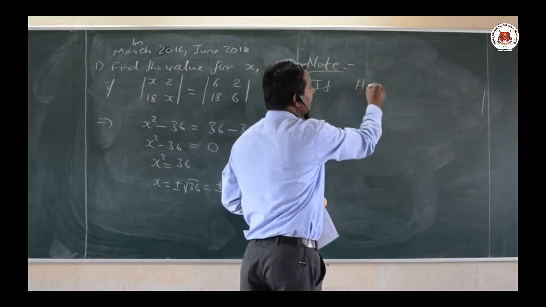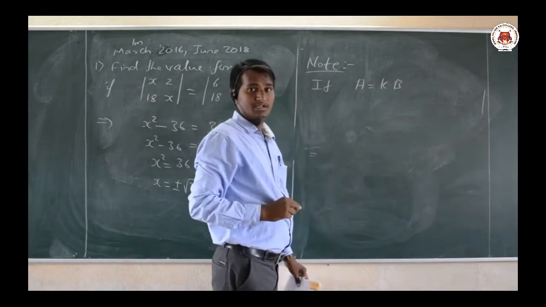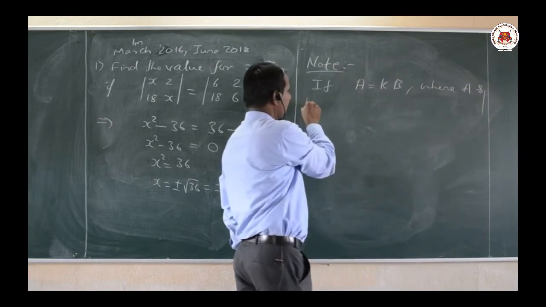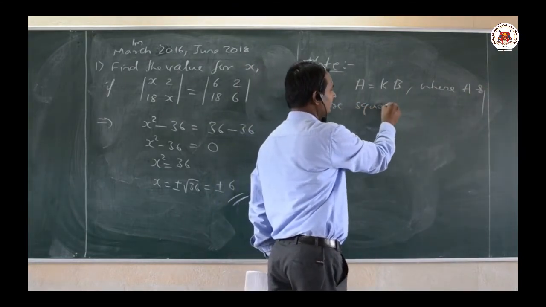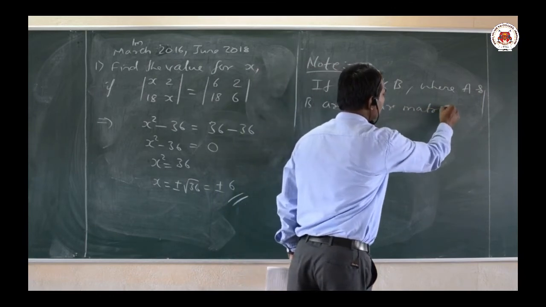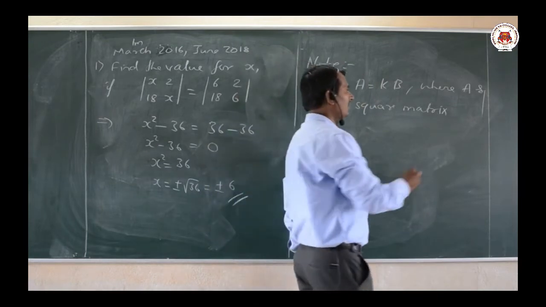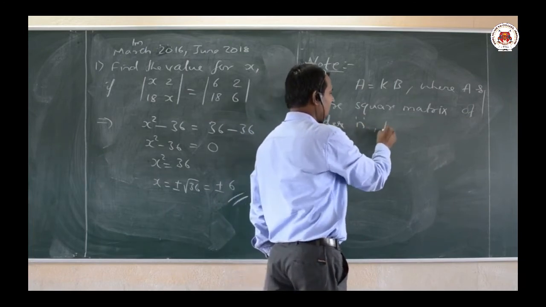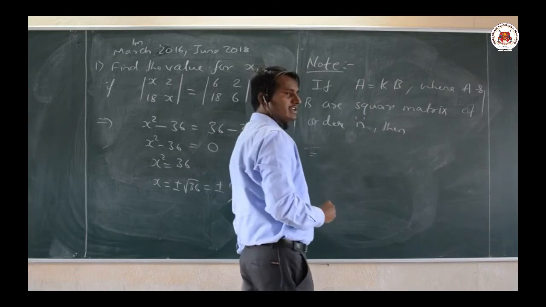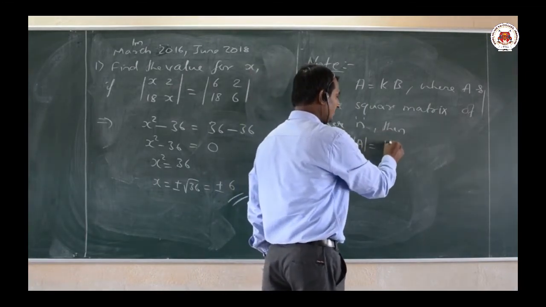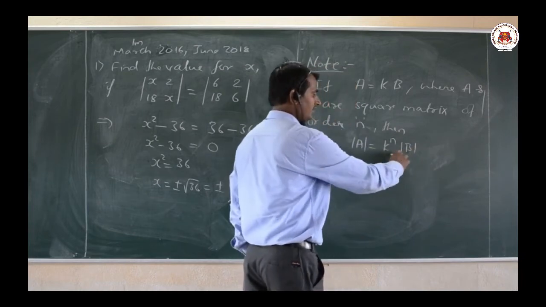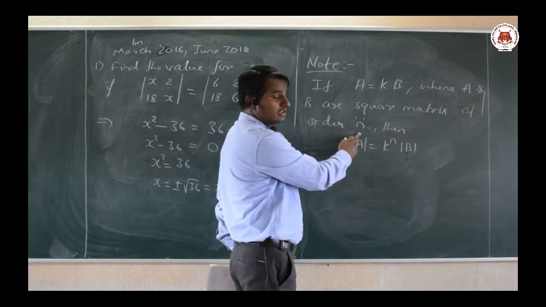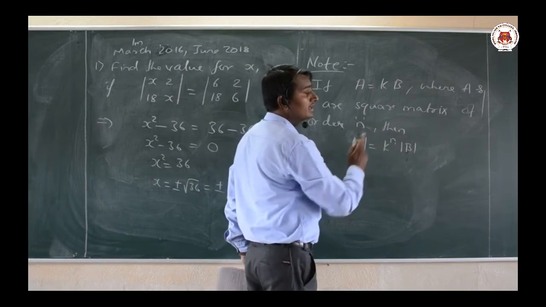If A equal to kB, where A and B are square matrices of order n, then we can write the determinant of A equal to k to the power of n into the determinant of B. It is very important, since A and B are square matrices of the same order n, only then we can write determinant of A equal to k raised to n into determinant of B.